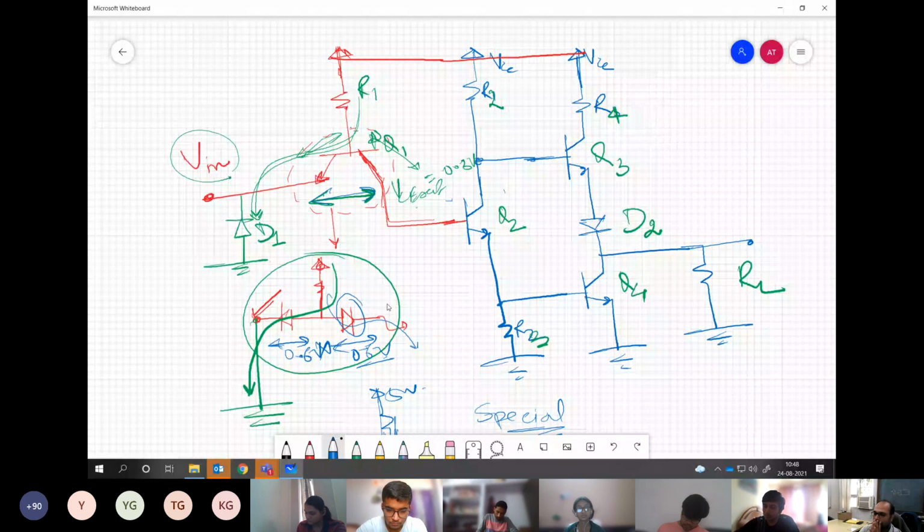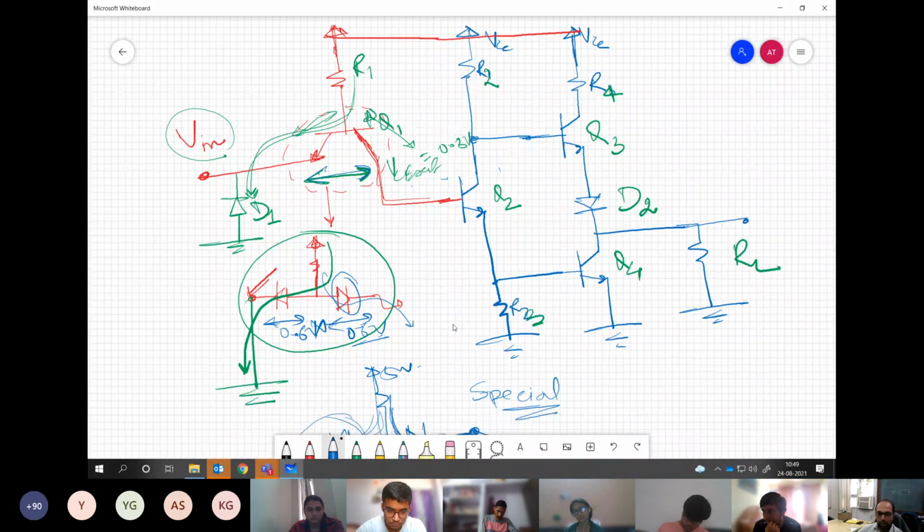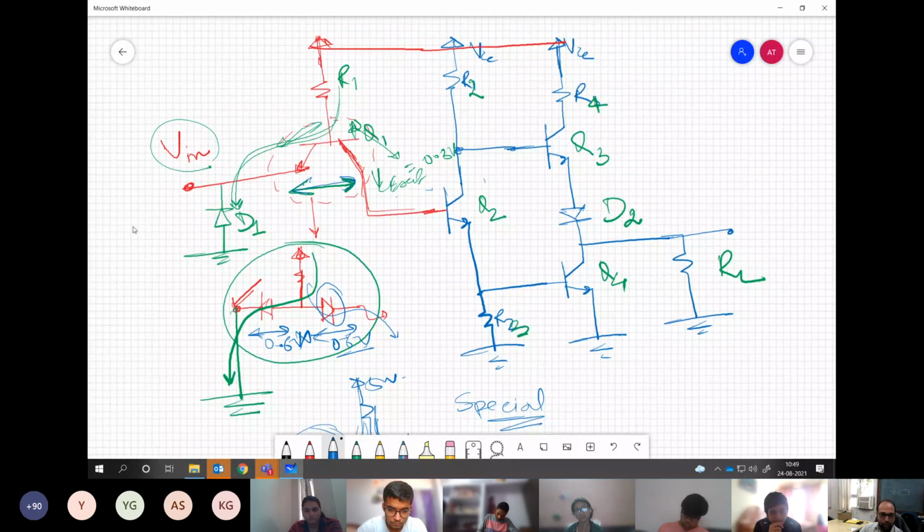Sir, if the input is like 4 volts, then it will be turned on, but it is still high logic, like high input. Yes. So that is what. Now we have to go for this circuit once again. This could be even 2 volts because that is also allowed to be the high logic for the TTL.